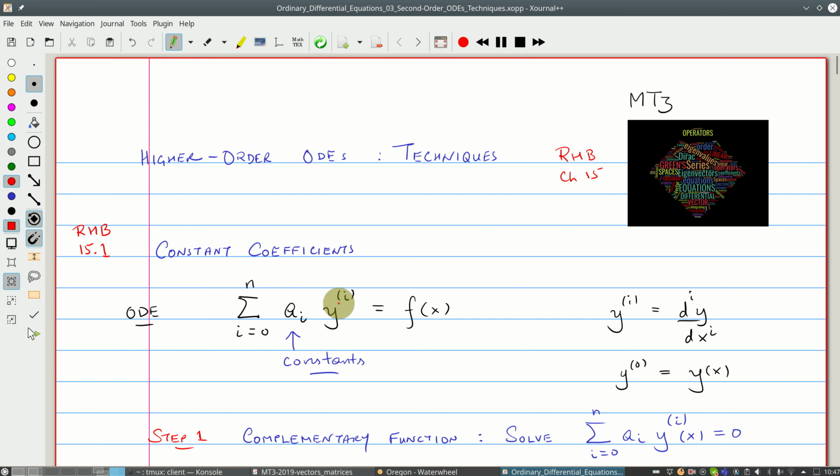Remember the notation y superscript (i) means the ith derivative of y with respect to x, under the condition that y superscript (0) is simply the function y of x. So here we have the sum going over these derivatives of y equal to f of x. So this is an inhomogeneous equation. If we set f of x to 0, we get a homogeneous equation.